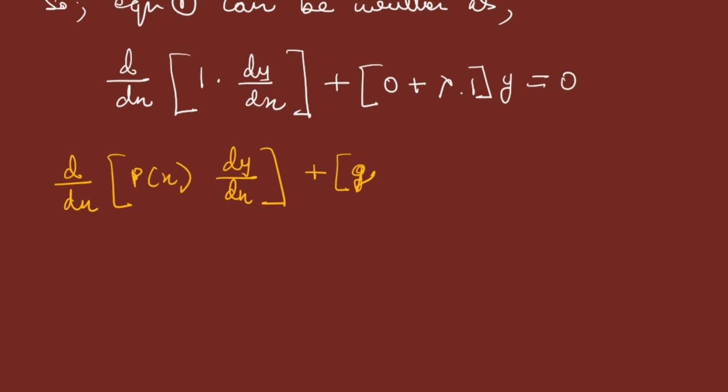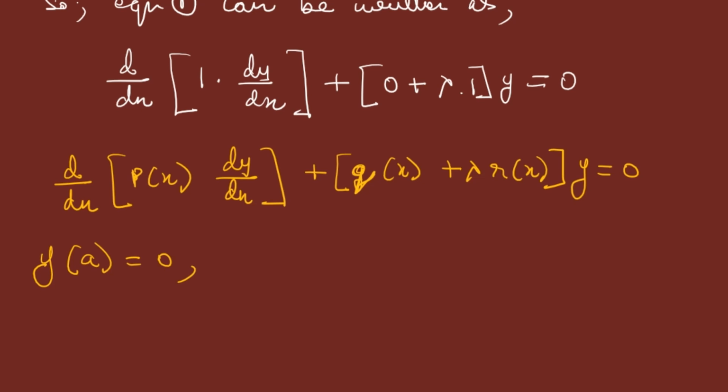I have given this to you already. We also needed this part, one of the important parts: it will be given that y of a will be equal to 0 and y of b will also be equal to 0, in some particular case.